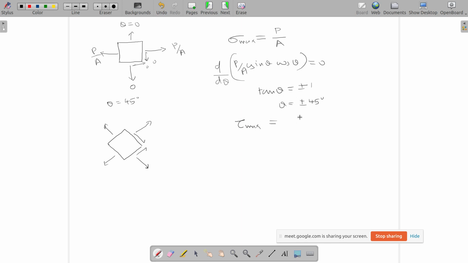Both are 1 by root 2. 1 by root 2 multiplied by 1 by root 2 will be 1 by 2. So the maximum value of tau will be P by 2A. Hence this value will be P by 2A.